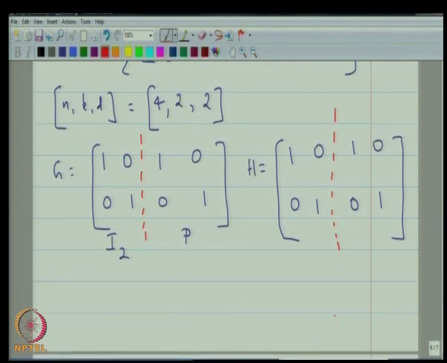Okay. That is just a coincidence which is of no consequence here.